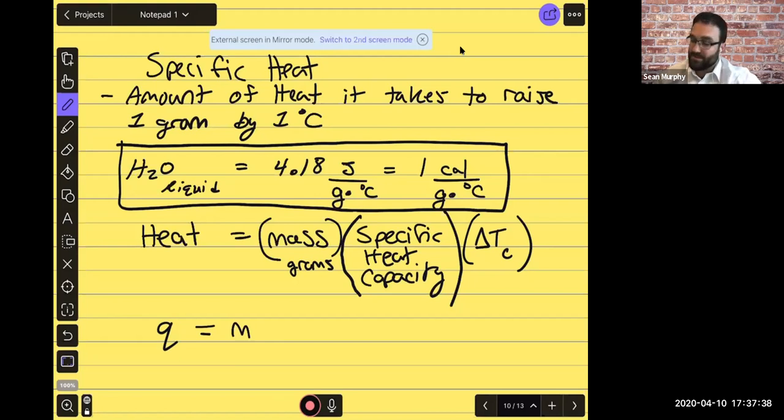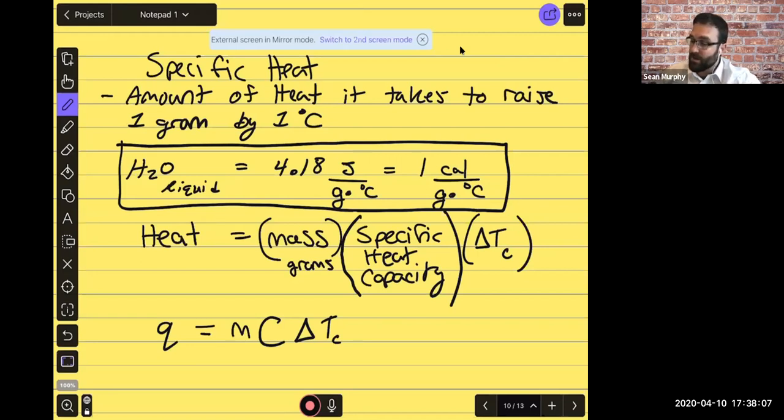Specific heat capacity is big C. And you're like, big C is calorie or big C is Celsius. And we're going to use C again as specific heat capacity. And then we're going to multiply it by its change in temperature, in Celsius. So Q equals m c delta T is the formula.